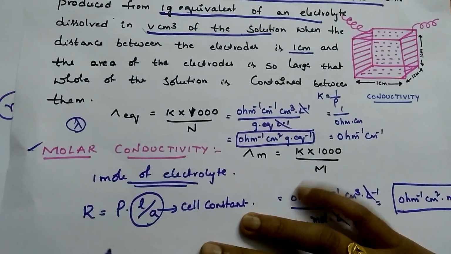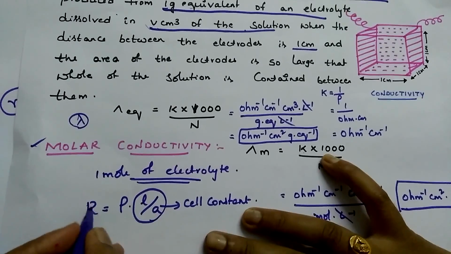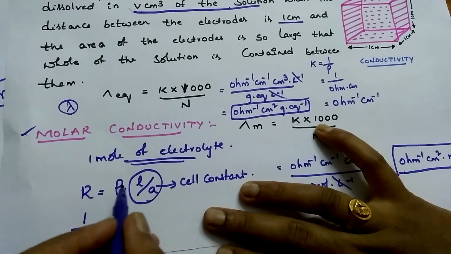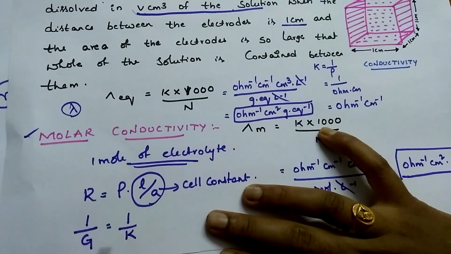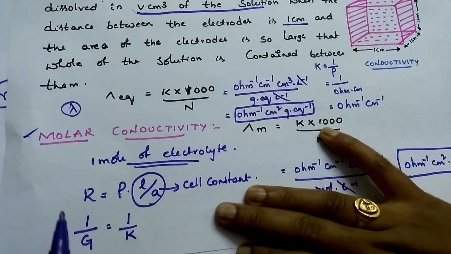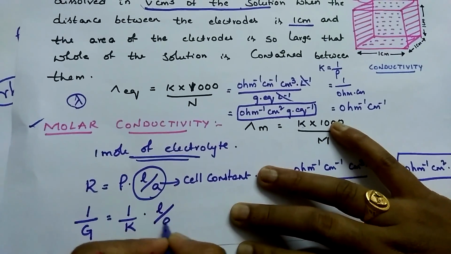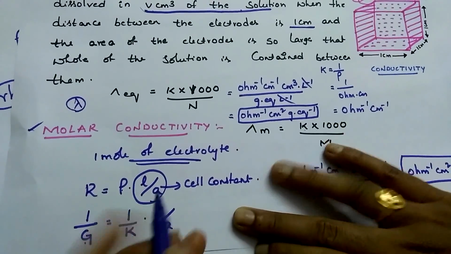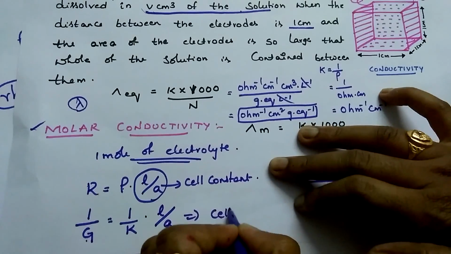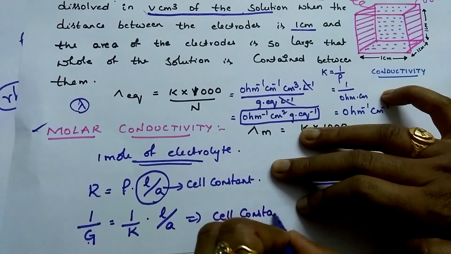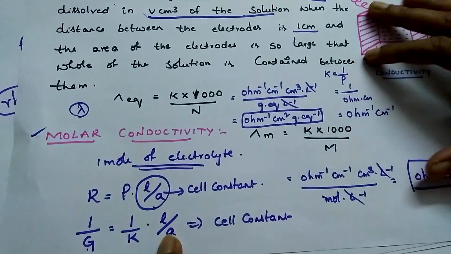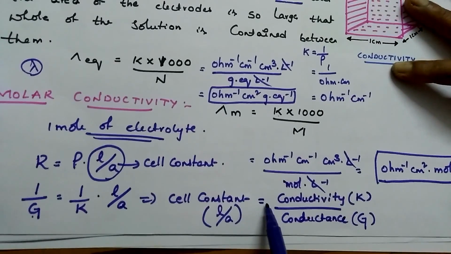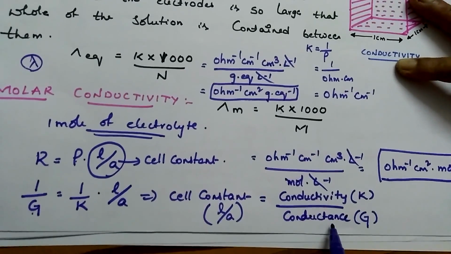And we know that R is inversely proportional to conductance, so we can write 1 by G. Rho is nothing but 1 by K, because conductivity kappa is inversely proportional to the resistivity, into L by A. If they gave conductance and conductivity, we can find cell constant. Therefore, cell constant is equal to conductivity by conductance.